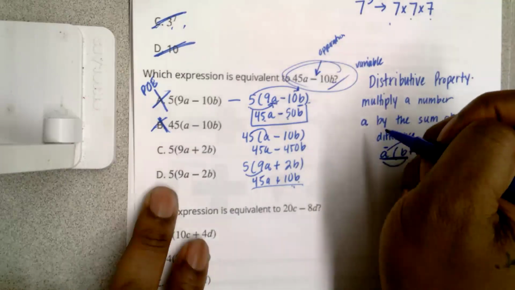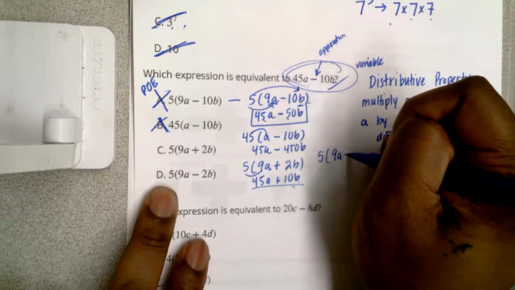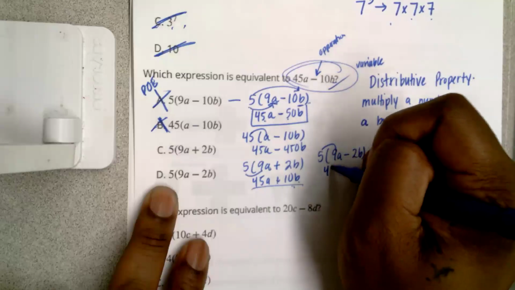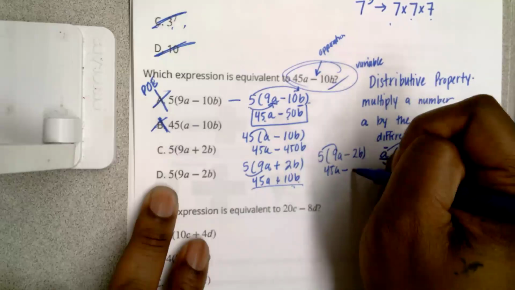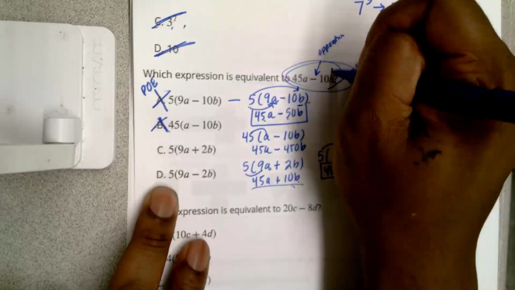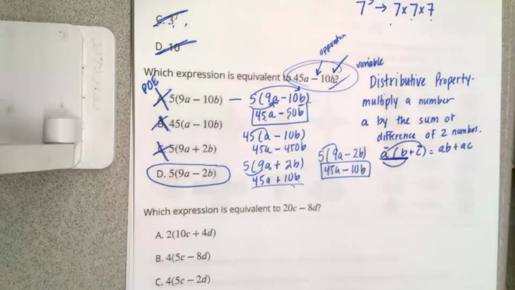So let's see if we could do it with this one. 5 is being distributed into 9A, the difference of 9A and 2B. 5 times 9A is 45A minus 10B. Did we find it? Yes, we did. And so D is our answer. Ask yourself, why is C not the correct answer?